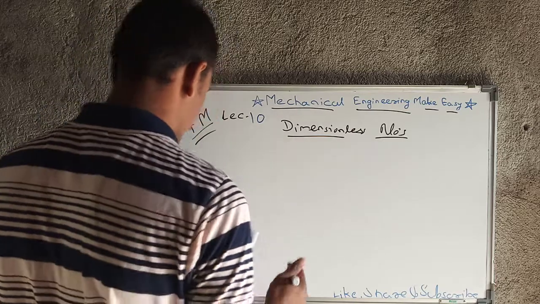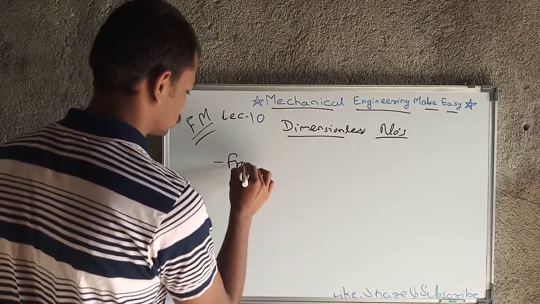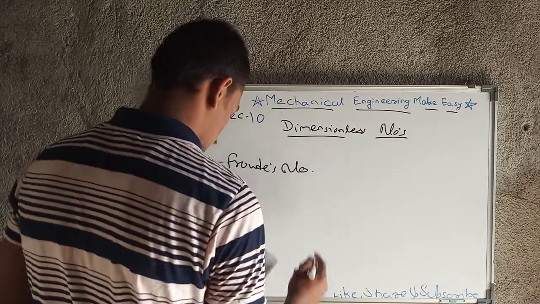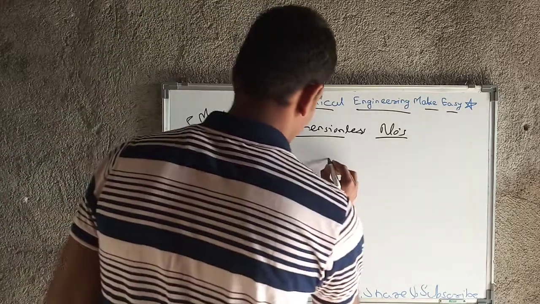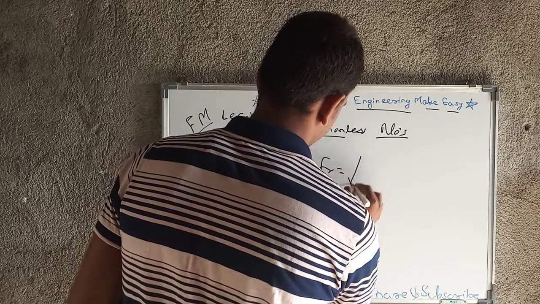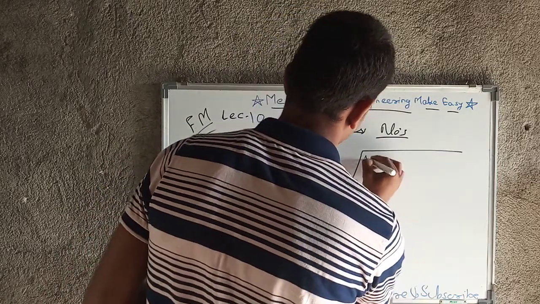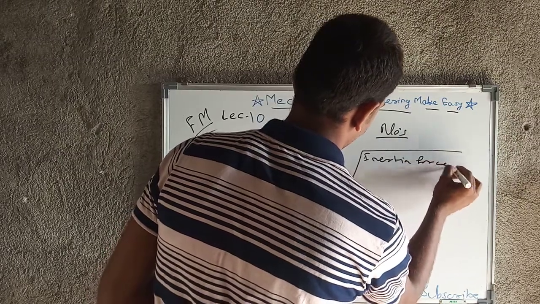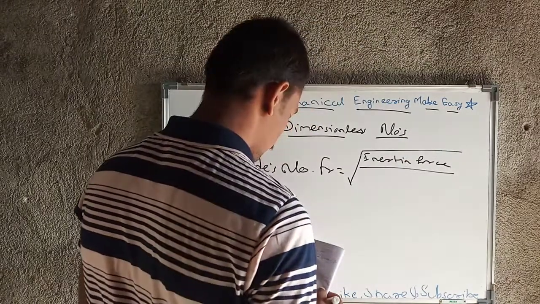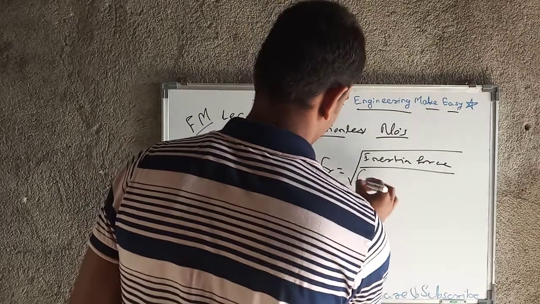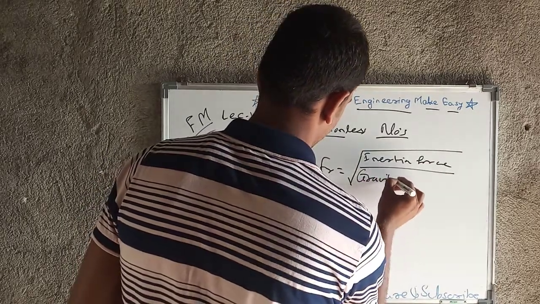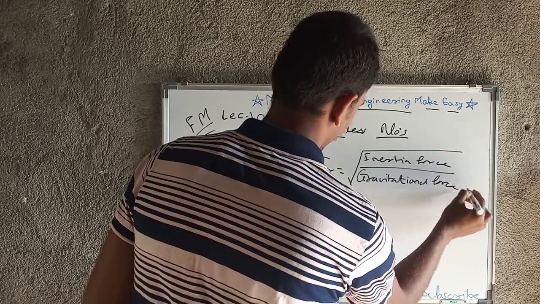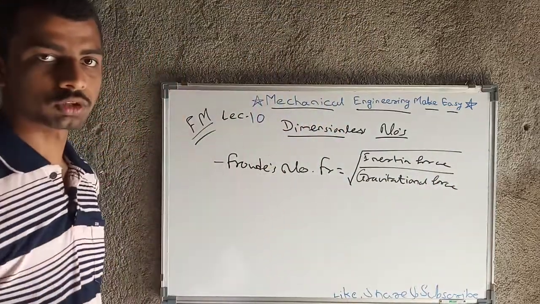And the next number is Froude number, which is denoted by Fr, and which is equal to under root of inertia force upon gravitational force.